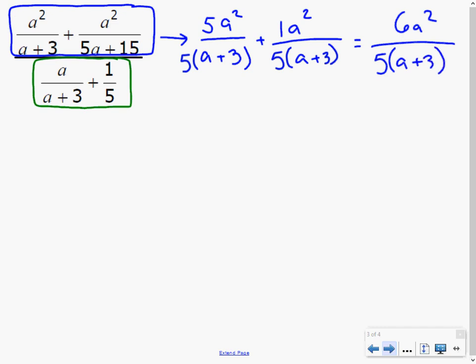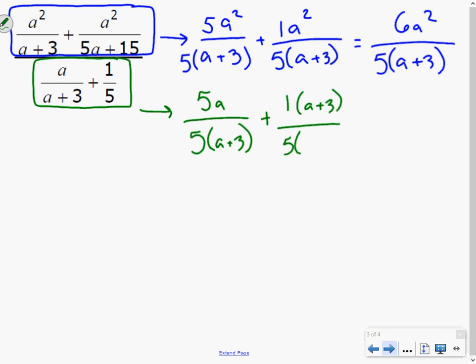Let's do the same thing to the green box here. All right. We need to multiply the left expression by 5 over 5. We need to multiply the right expression by a plus 3 over a plus 3. So we get 5a over 5 times a plus 3 plus 1 times a plus 3 over 5 times a plus 3.